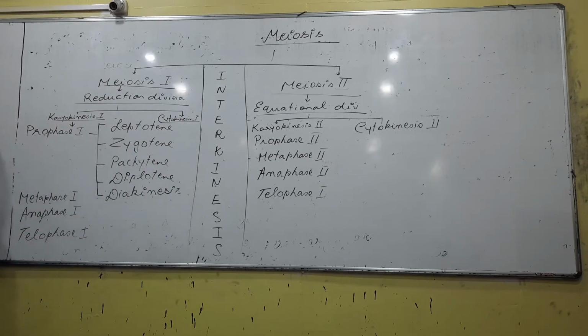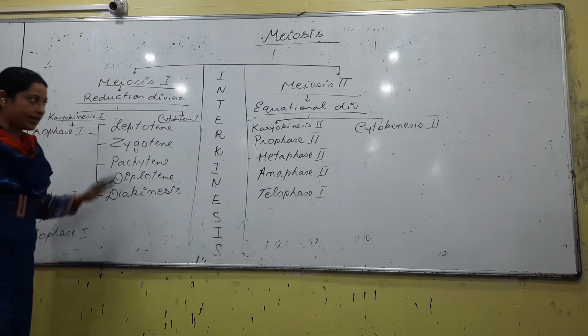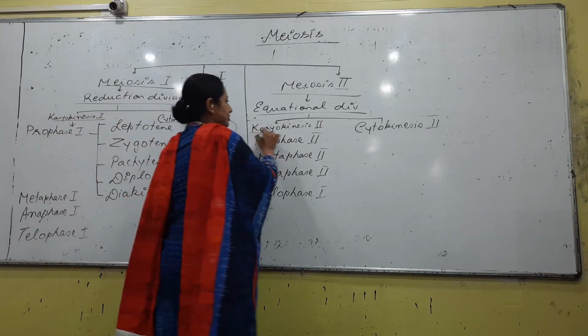Just to show that there are two cytokinesis in the process, cytokinesis 1 and cytokinesis 2, karyokinesis 1 and karyokinesis 2.